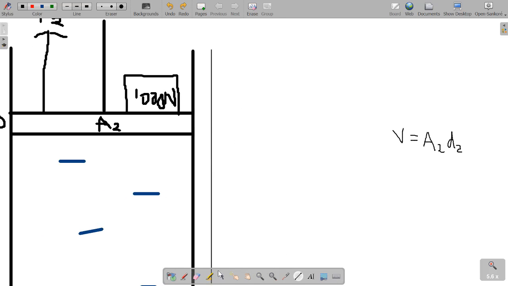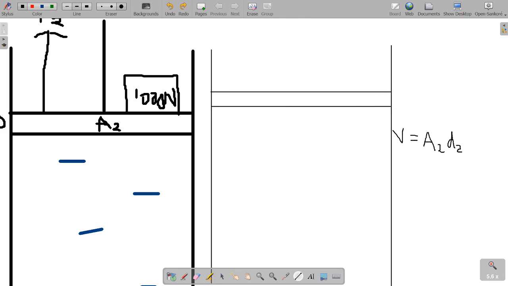So after a while, this will rise by a distance of d2 when you push the piston on the other side down by the distance of d1.